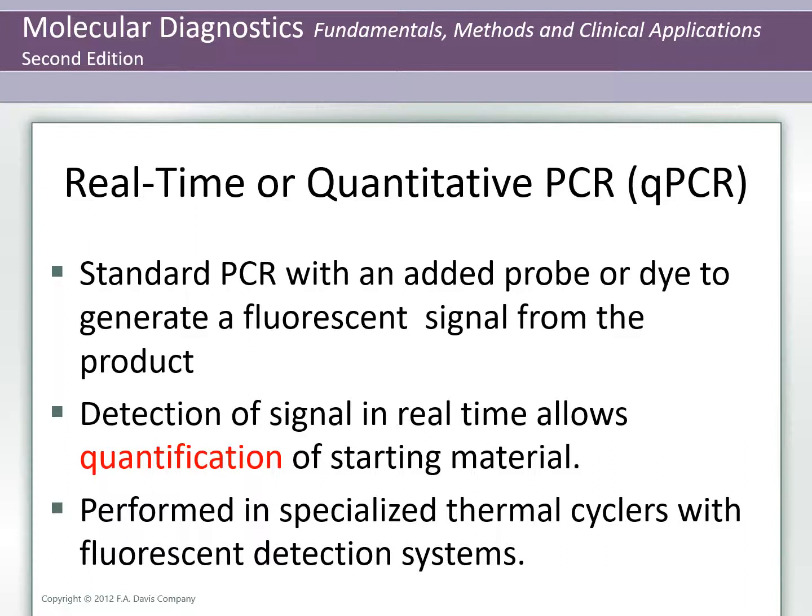The ethidium bromide intercalates into double-stranded DNA and fluoresces, and it can be used to monitor the accumulation of PCR products during the PCR in real time. The detection of a signal in real time allows for quantification of the starting material. Real-time or quantitative PCR is performed in a specialized thermal cycler with fluorescent detection systems.